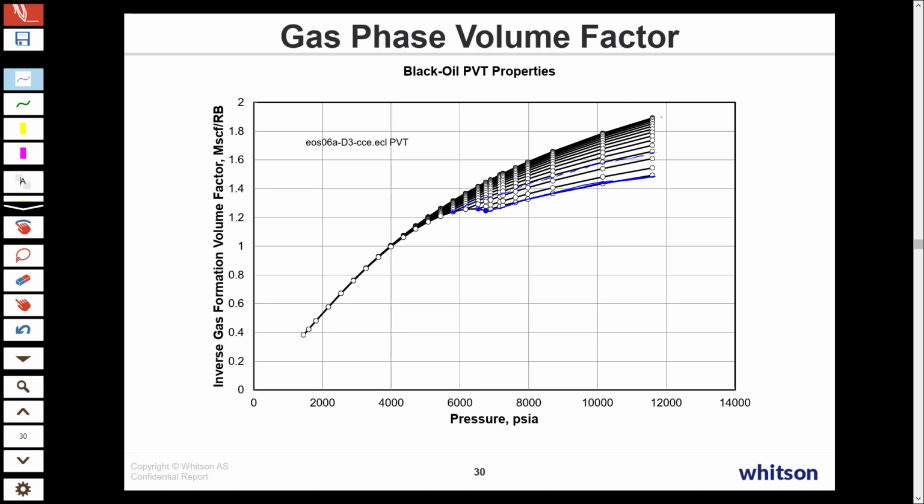So what you see is that this change here is mainly due to the change in the composition with pressure below the dew point, or the changing little rs with pressure. So it's a big composition effect on the little BG. So these are your undersaturated properties, along with the points along the line here, which are the saturated properties.